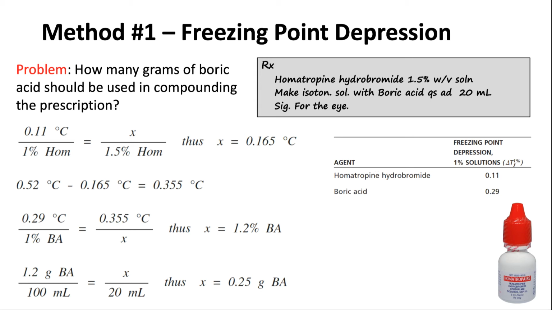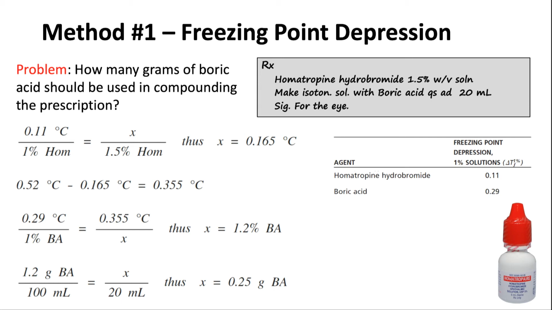So let's use the delta TF that we looked up for boric acid and set it up as a proportion and say that we get 0.29 degrees Celsius reduction when we use a 1% concentration of boric acid. Let's set that equal to the amount of freezing point depression we need, which is 0.355 degrees Celsius over x.